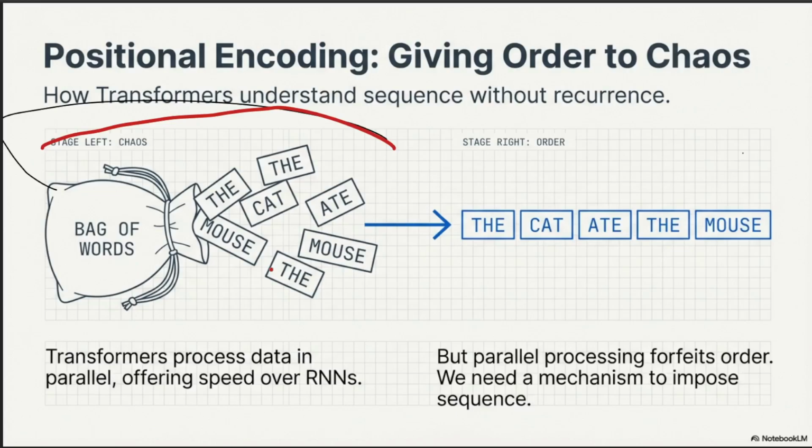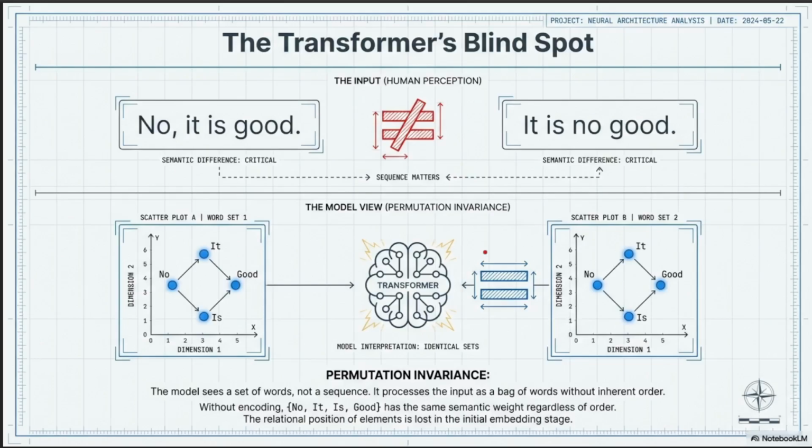So the goal today is to move to the right side, taking this chaos and imposing a strict, meaningful sequence so the model can understand that "the cat ate" is very different from "ate cat the". We're going to explore exactly how transformers understand sequence without using recurrent loops like the ones found in RNNs.